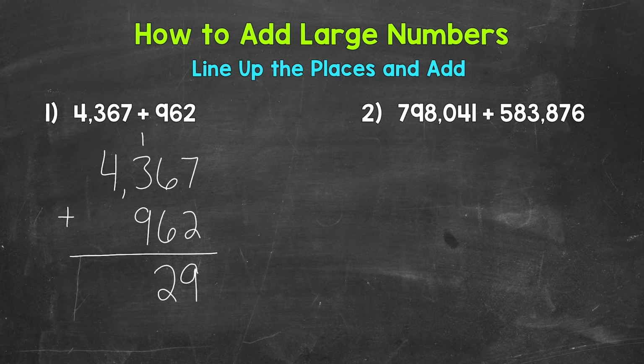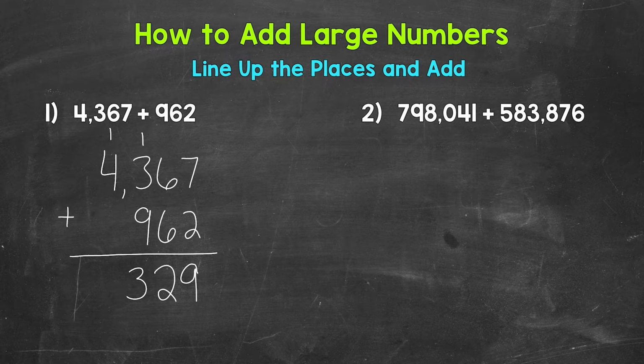Now we move to the left to the hundreds place, where we have 1 plus 3 plus 9. Technically, this is 100 plus 300 plus 900 because we're in the hundreds place, but we can think of this as 1 plus 3 plus 9. 1 plus 3 is 4, plus 9 is 13. So put the 3 in the hundreds place, and then carry the 1 over to the thousands place.